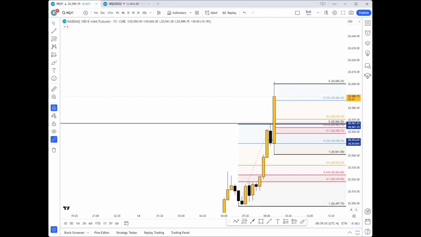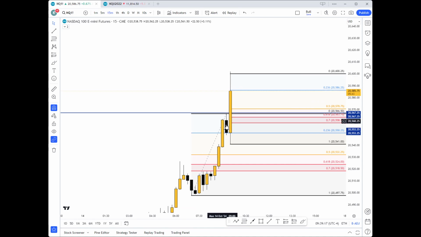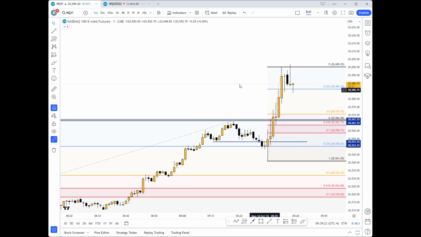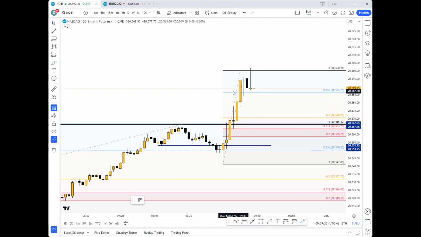Now, is there a possibility that this actually closes down here and really gives us a failure? I like this for a high. Now, trade into the 15-minute imbalance, I went on a rocket ship, so I think that's a low probability possibility. But it very well could trade down into here, and then we're looking for a long out of it. There's two ways it's going to trade down.